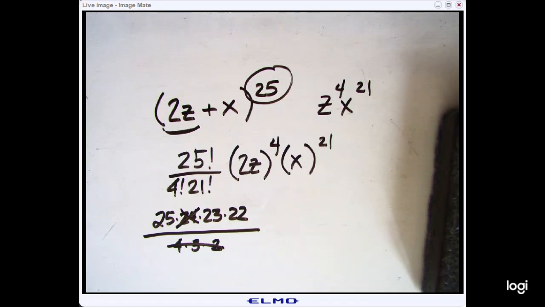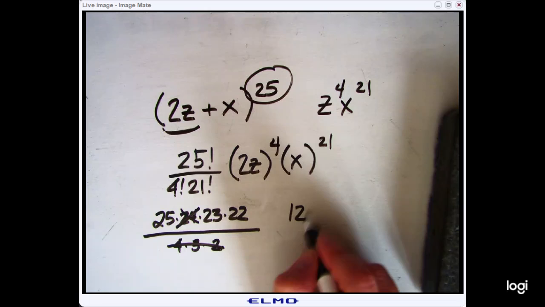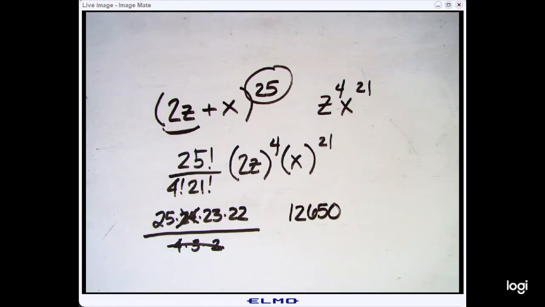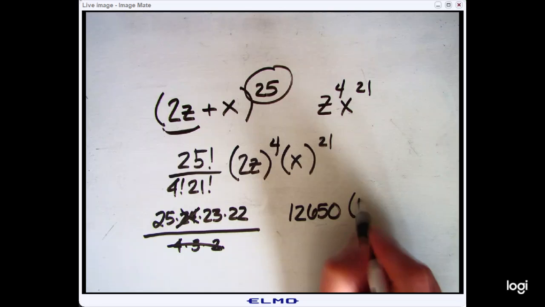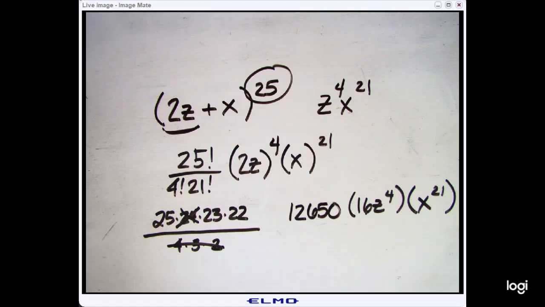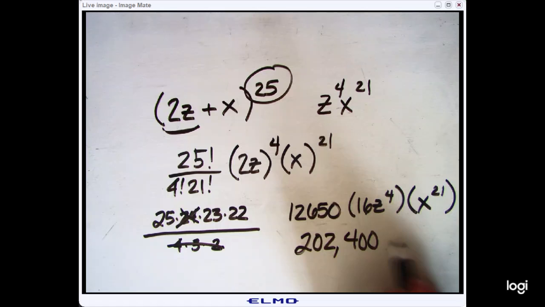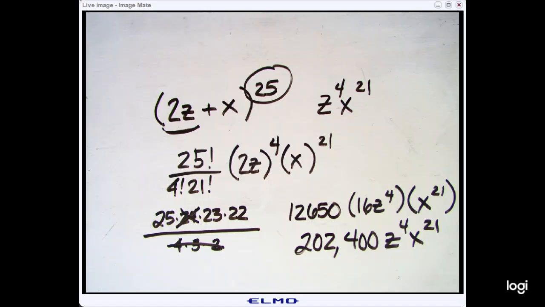And now I have 25 times 23 times 22, and I get 12,650. 2 to the 4th is 16, z to the 4th, x to the 21st. Now I need to do 12,650 times 16. I get 202,400, z to the 4th, x to the 21st. Good luck on this assignment.